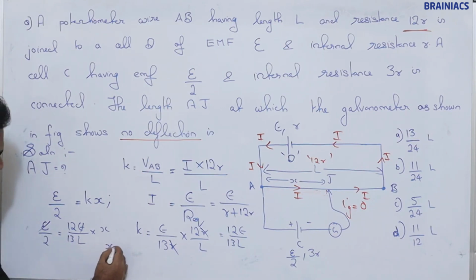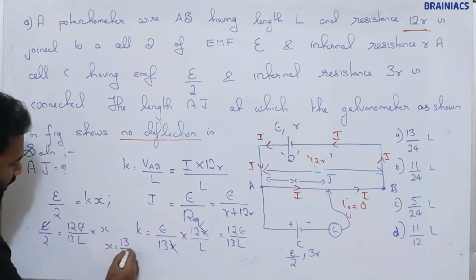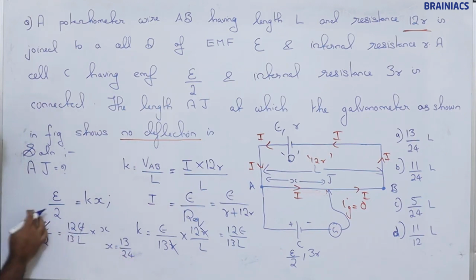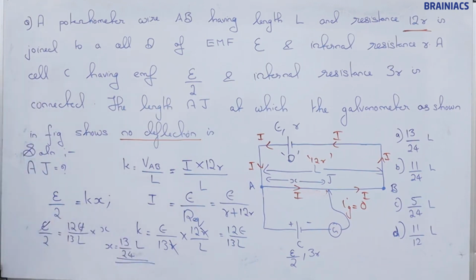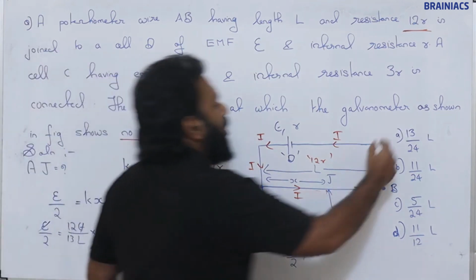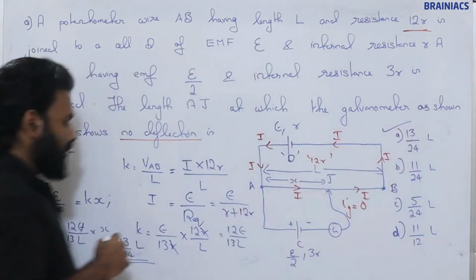What is X now? X is equal to 13 by 24 into L. Which option? Option A.